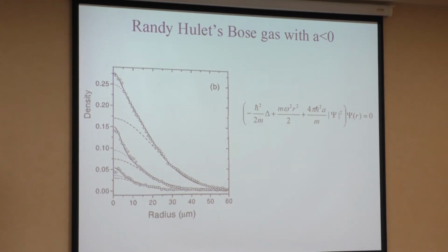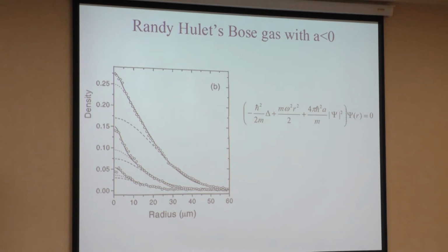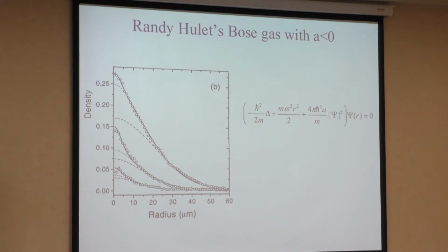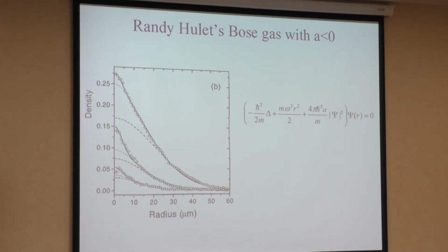And there was a note that a negative scattering length brings about attraction of bosons and collapse of the Bose-Einstein condensate. Nevertheless, Randy Hulet and colleagues produced a Bose-Einstein condensate with negative scattering length. Why did it exist? The particles should have attracted each other.